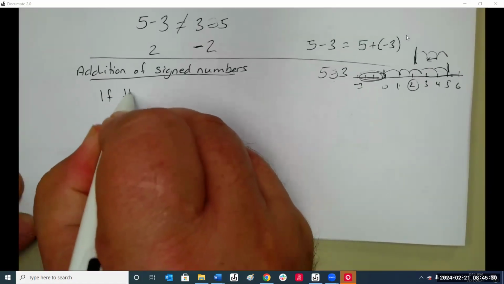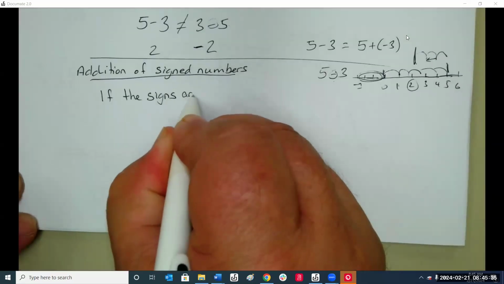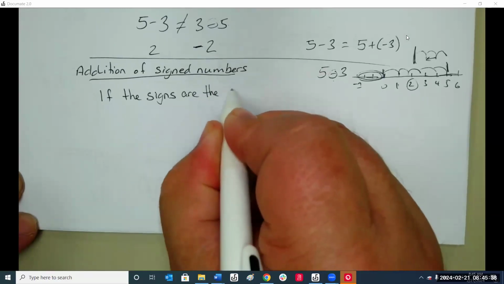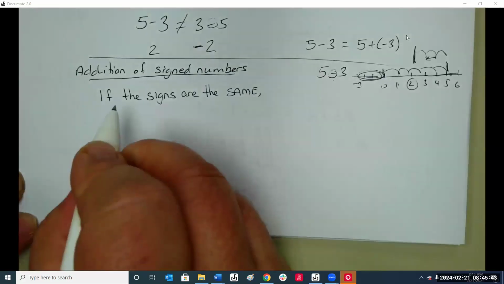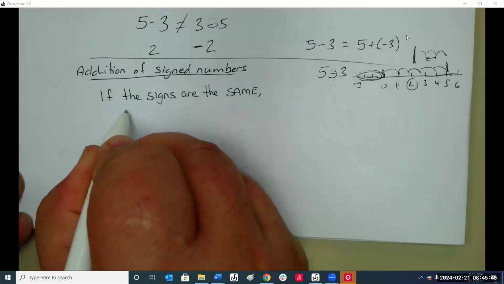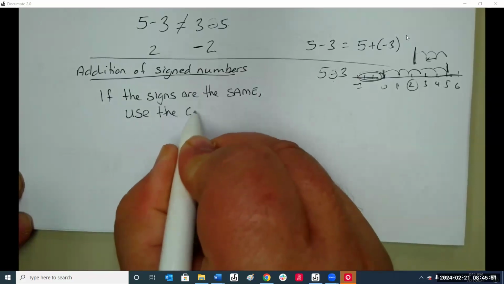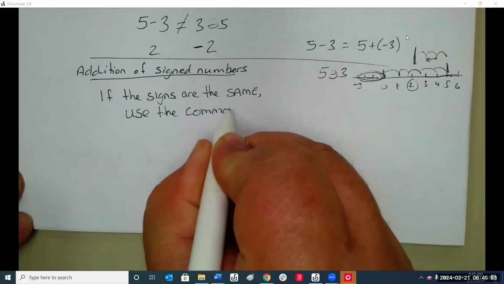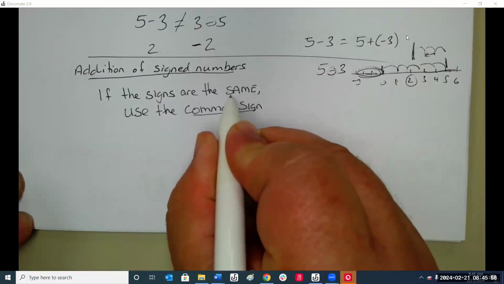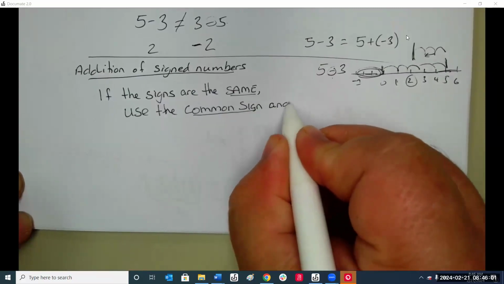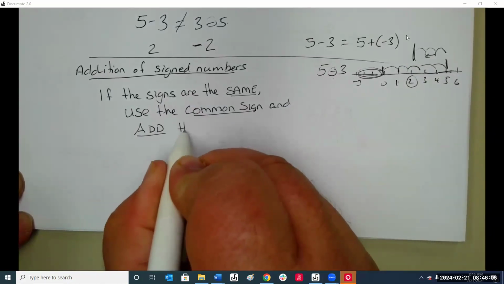If the signs are the same, use the common sign and add the numbers.